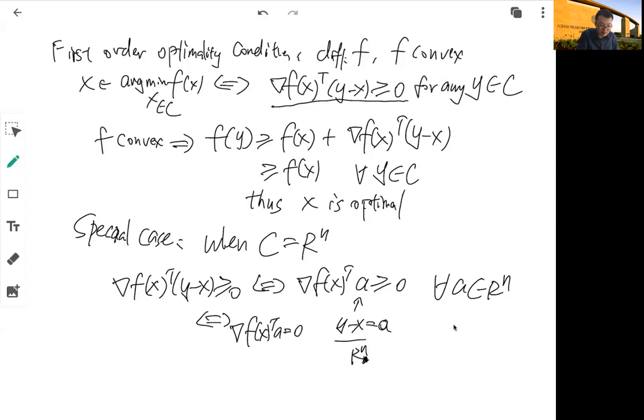Why is that the case? Because we need both a and minus a to satisfy this condition, right? But since this is true for all a in R to the n, that is equivalent to saying the gradient of f(x) is equal to 0, right? End of proof.